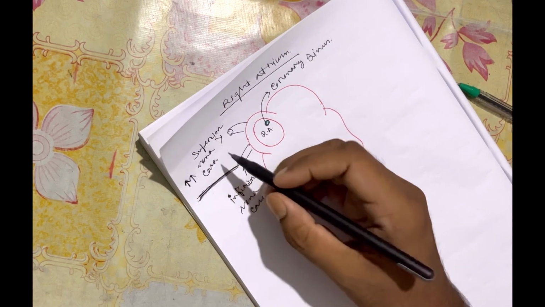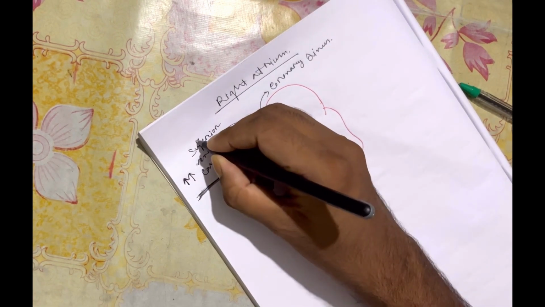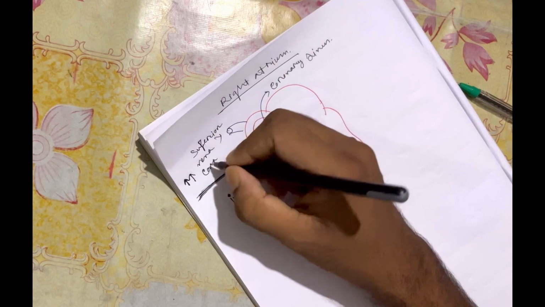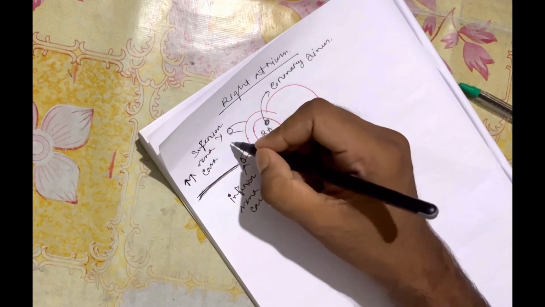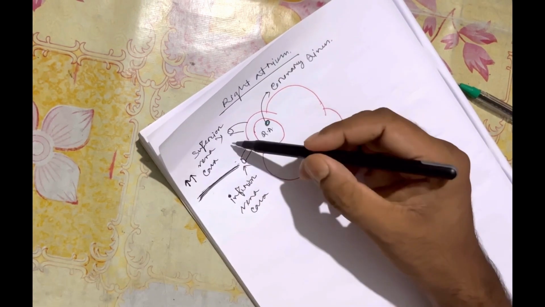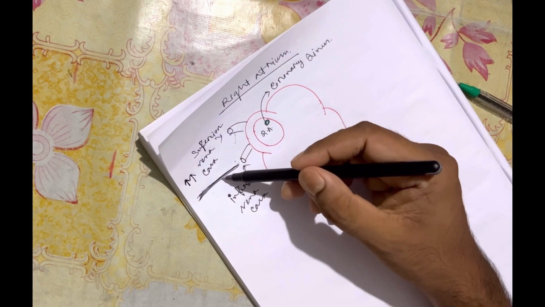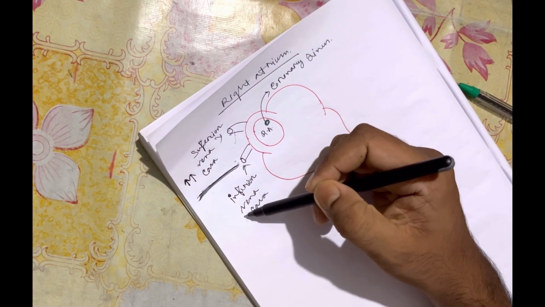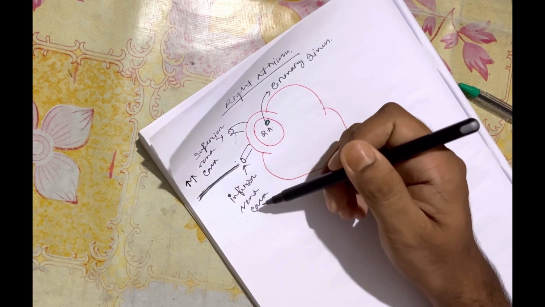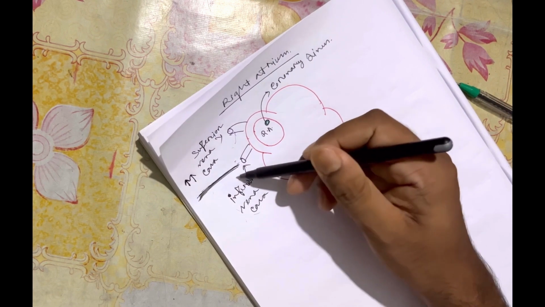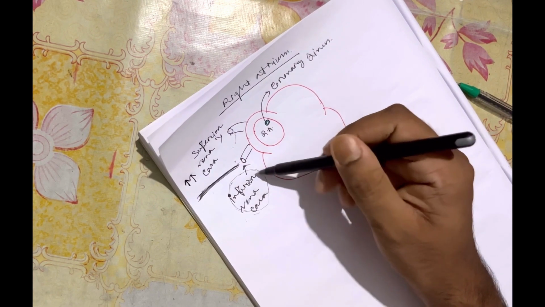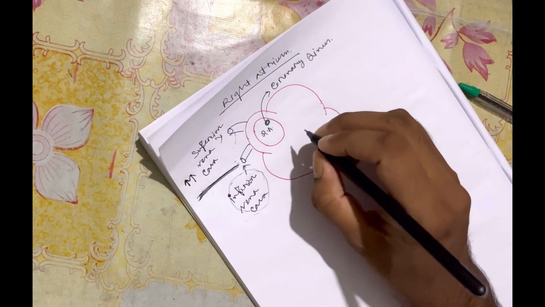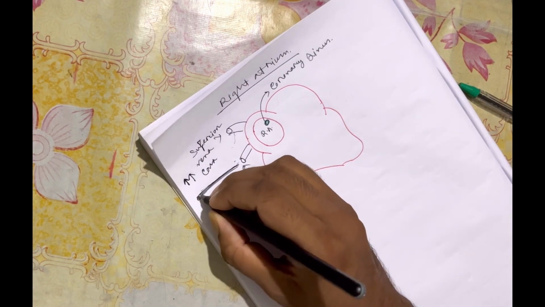So the duty will be performed by the superior vena cava for that body part which is present above the diaphragm, and for the body part which is present lower than or below that diaphragm, that deoxygenated blood will be carried by the inferior vena cava. Okay, so we just want to remember these things.